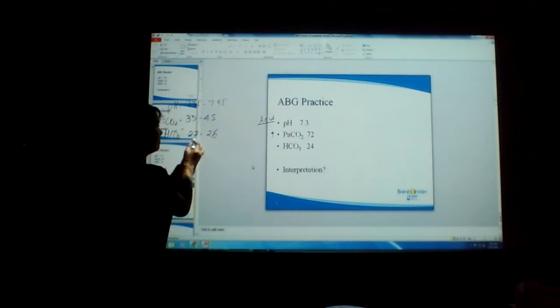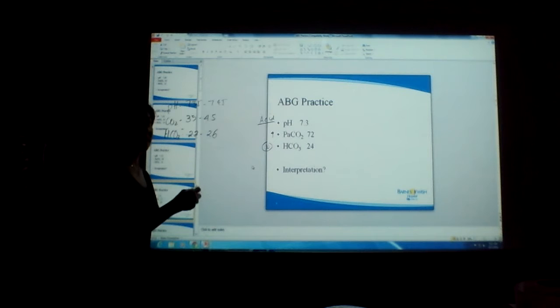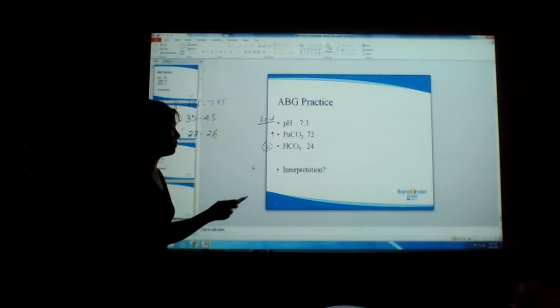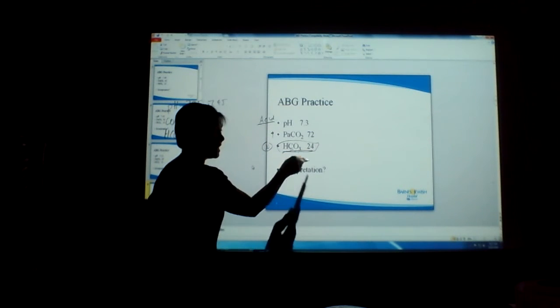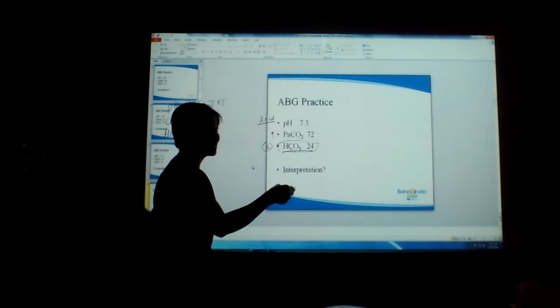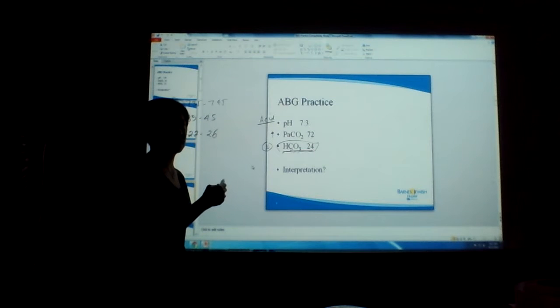The bicarb is not normal. So what's our diagnosis? Respiratory acidosis, uncompensated, because the pH is still abnormal and this one is not even moving. If this is already moving, then I'm going to say it's compensating, right? It's not moving yet. Okay?